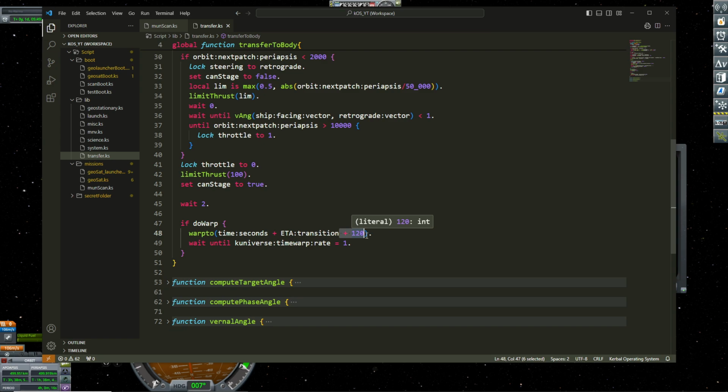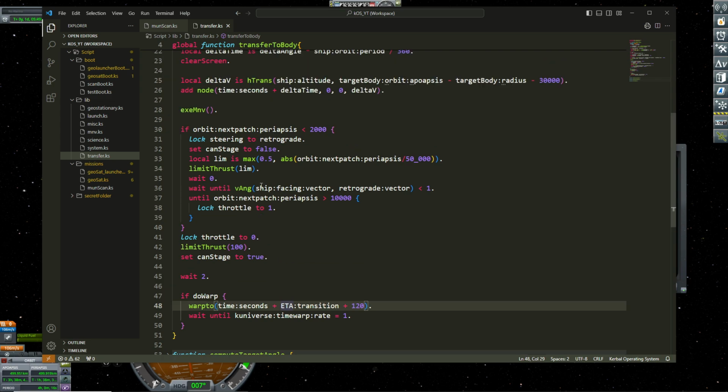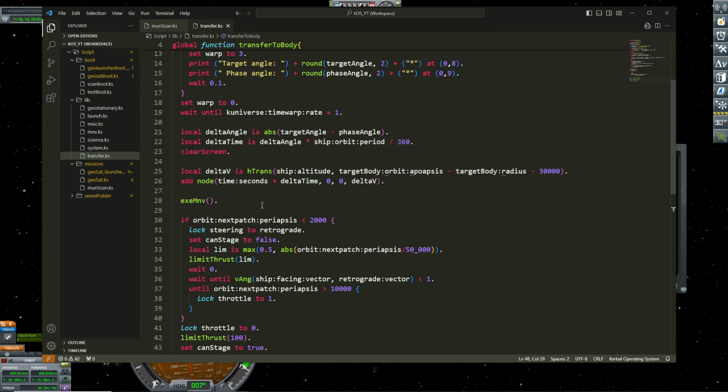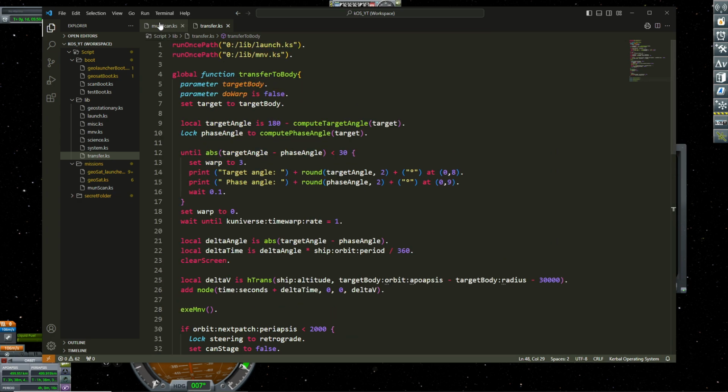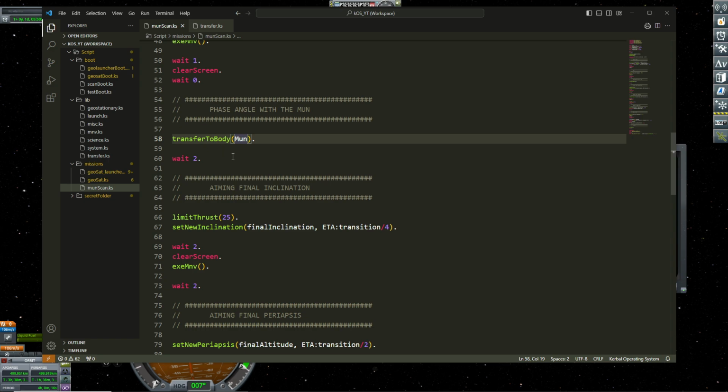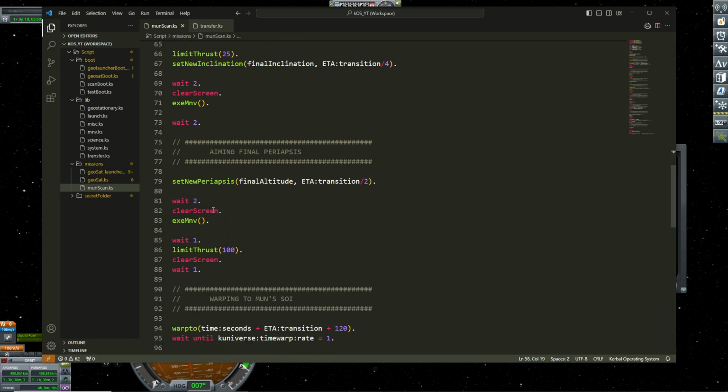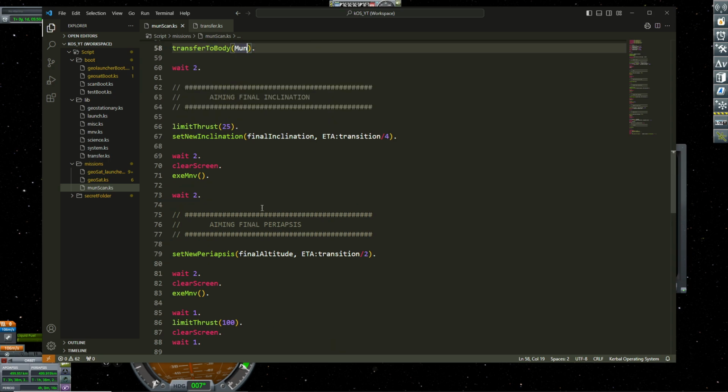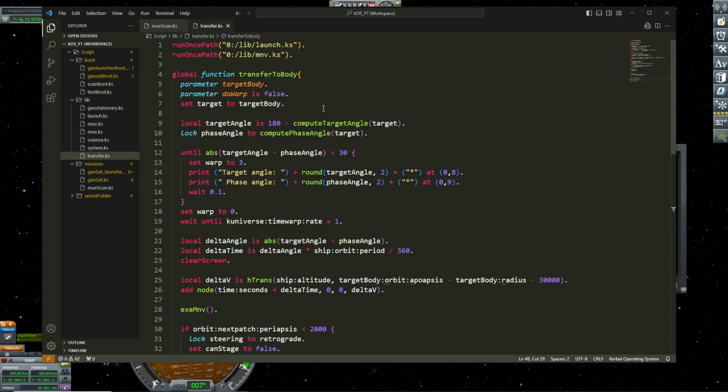That means 2 minutes after you reach the orbit around the moon. Okay, but here I don't want to warp to that orbit around the moon, because after my transfer I want to change the periapsis and the inclination. Okay, like we saw in the last episode.